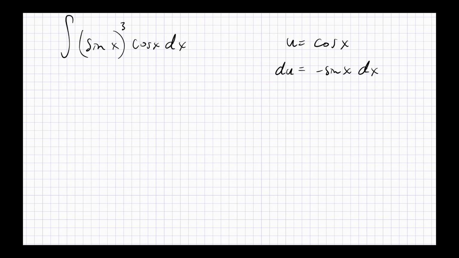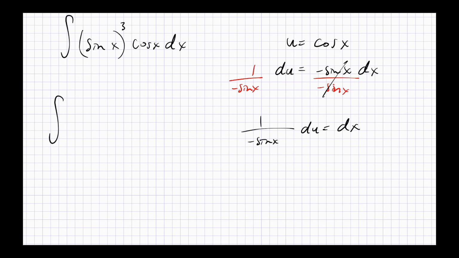Divide dx by negative sine, so du equals negative sine dx. Okay, plug it back in. So sine is still there, right? Sine of x cubed is still there. Cosine becomes u, and then dx is 1 over negative sine of x du.